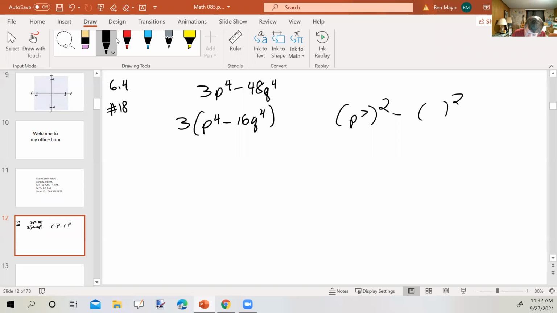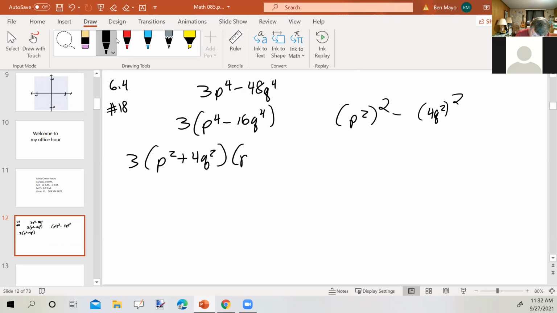We could write p squared squared minus 4q squared squared, because the 4 squared would give you the 16 and the q squared squared would give you the q to the 4th. So now what I've got is 3 times p squared plus 4q squared times p squared minus 4q squared.